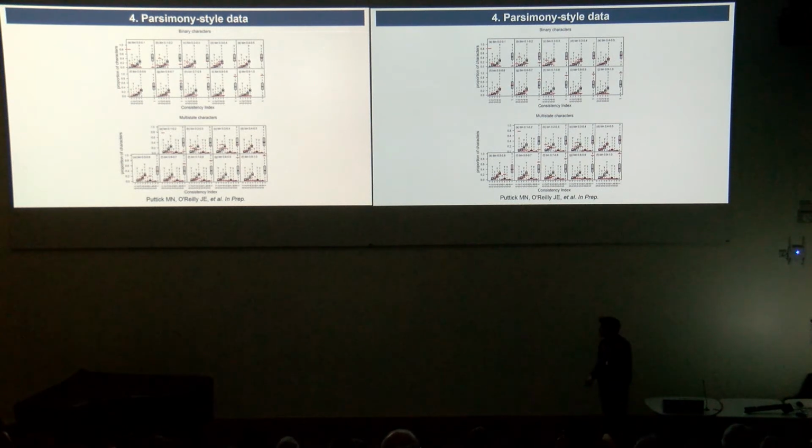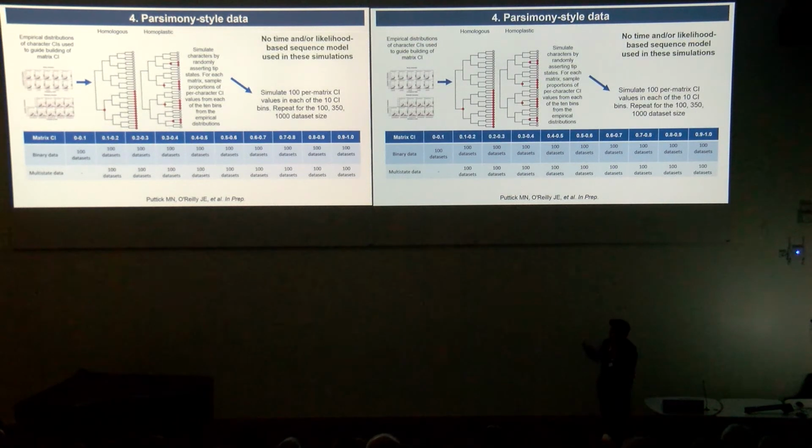But anyway, in these analyses, we took a survey of a load of empirical data sets and measured per character consistency index within each matrix. And this gave us a distribution from 0 to 1 where we expect the consistency index of characters to fall out.